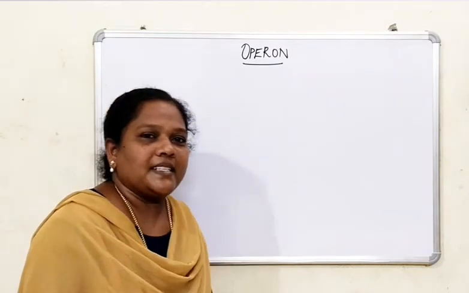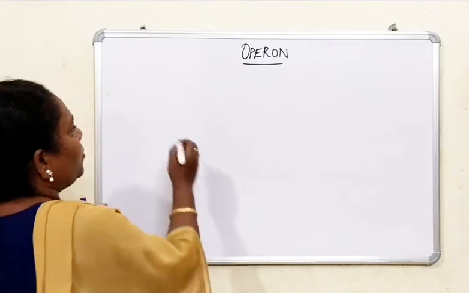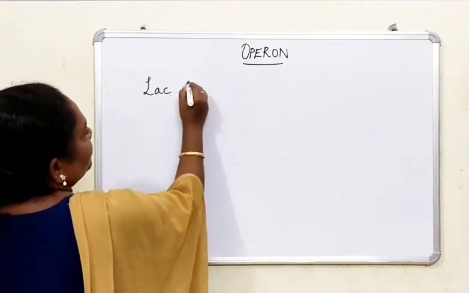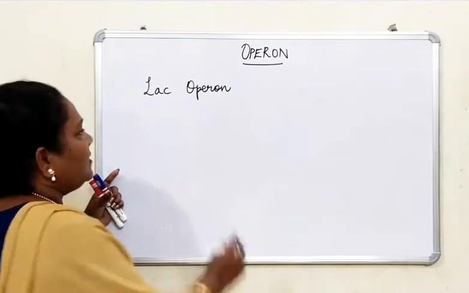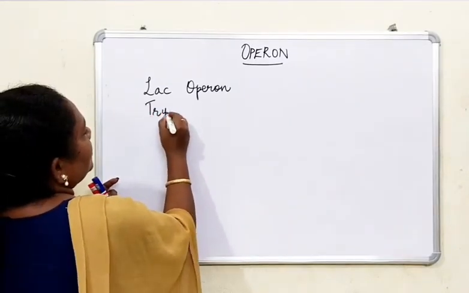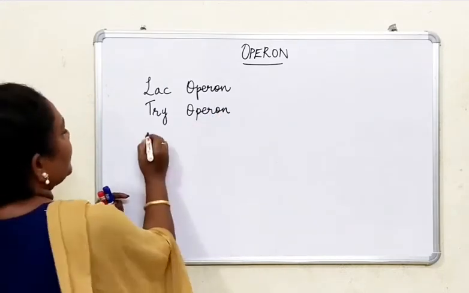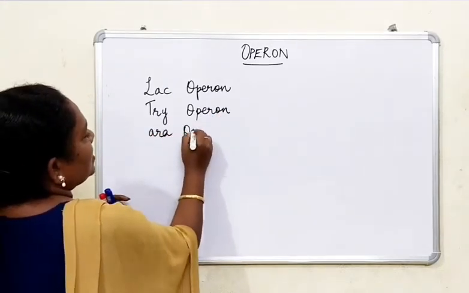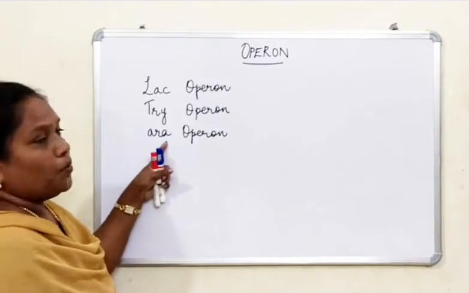Okay, so what is that example? If the lactose is used as a medium, you call that to be what? Lac Operon. If tryptophan is used as a medium, then you call it as Trp Operon. If arabinose is used as a medium, then you call it as ARA, arabinose.